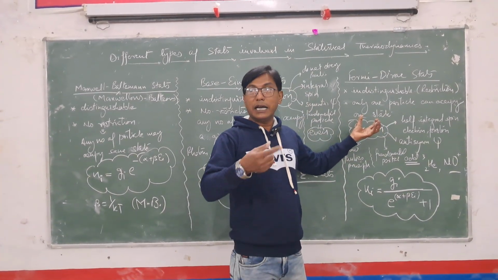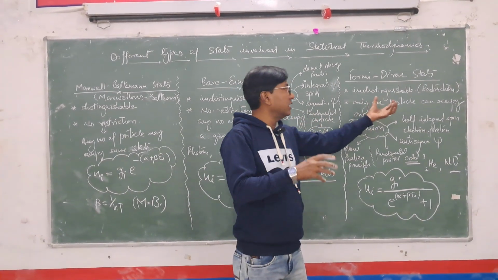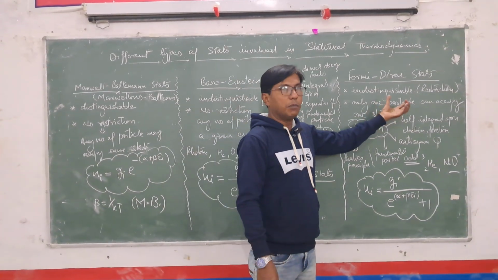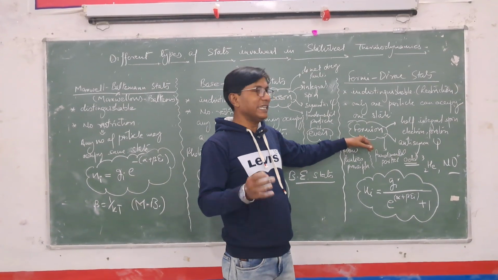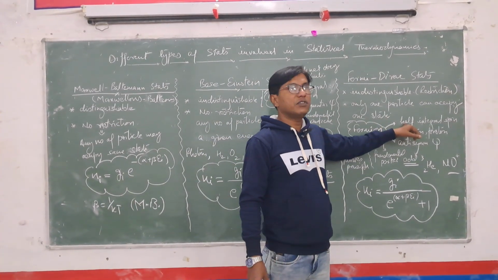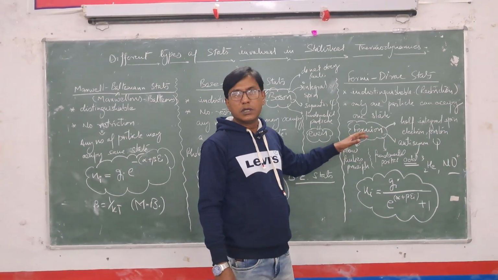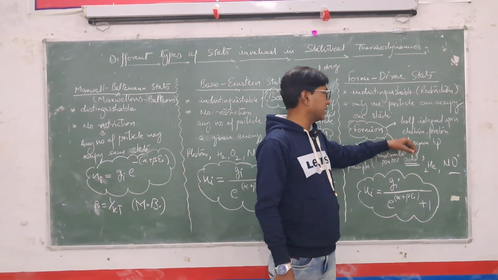This condition of restriction can be stated in one line, that this obeys Pauli's exclusion principle. To identify fermions, we can easily say fermions are the particles which have half integral spins like electron, proton, neutrons, etc.